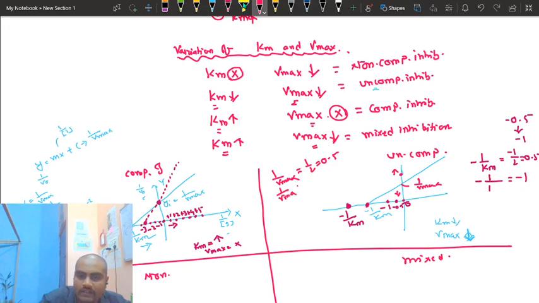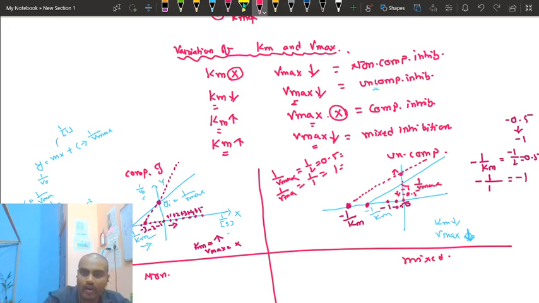So previously it was 0.5 and after decreasing the Vmax value it is 1. Whenever the Vmax value is decreasing, we are shifting upward on the y-axis. So the new point will be here and the graph should be like this, right? So this is in case of uncompetitive inhibition.